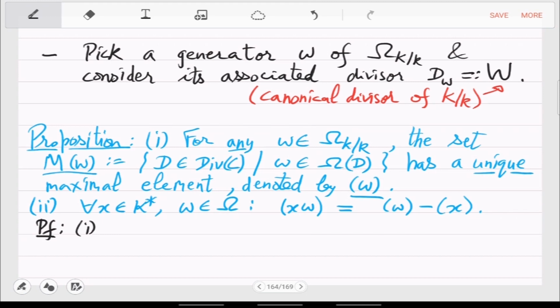So the proposition will define all this in the proof. First we will show that the set M omega, its degree, is bounded. Once I have shown that the degree is bounded, then in that bounded degree I can pick anything I want. That's a maximal element.